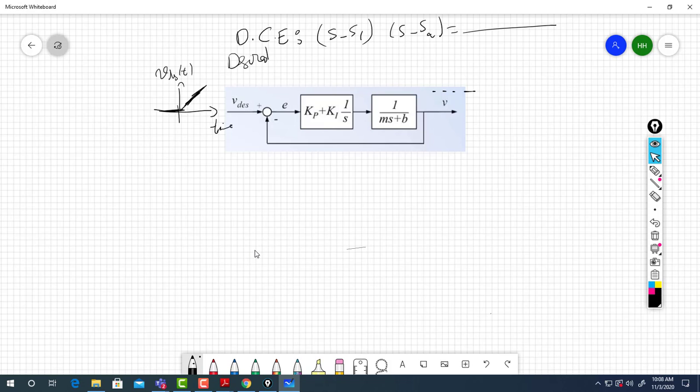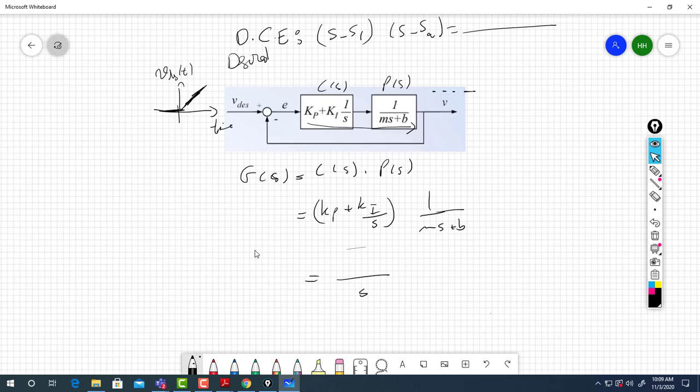Let's see the type of that forward loop, which I call G(s). G(s) equals C(s) times P(s), which is (Kp plus Ki over s) times 1 over (Ms plus B).